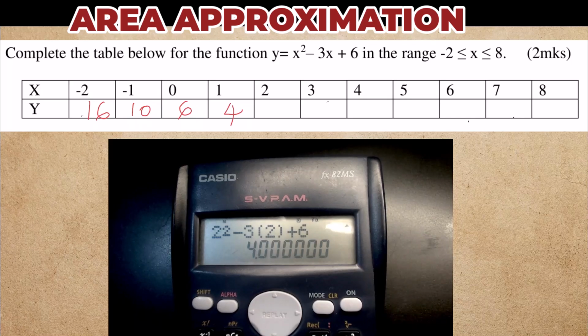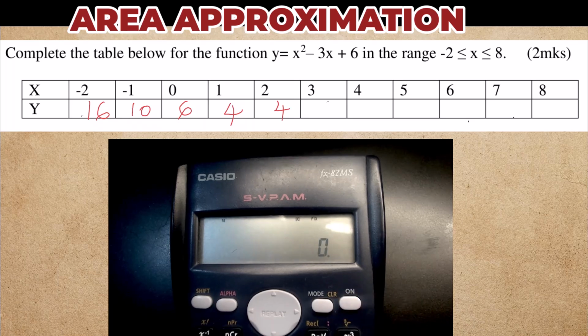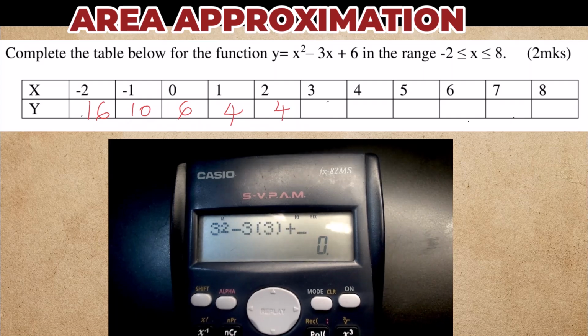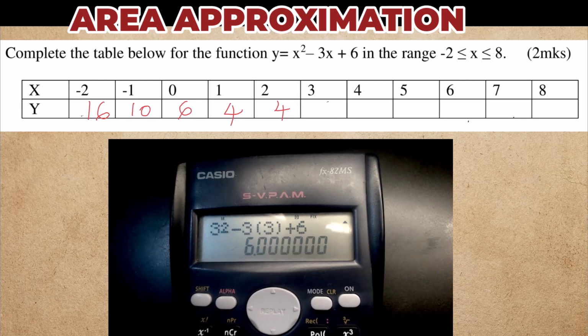That will give 4 again. When x is 3, we have 3 squared minus 3 multiplied by 3, then plus 6. That is 6.